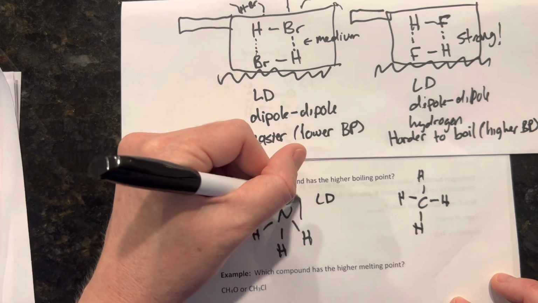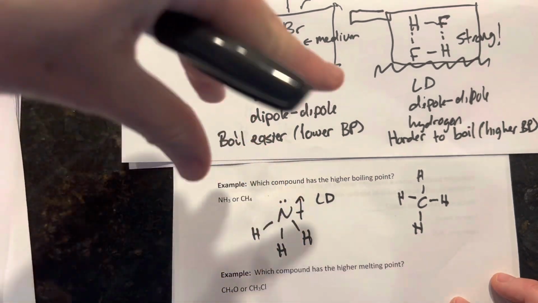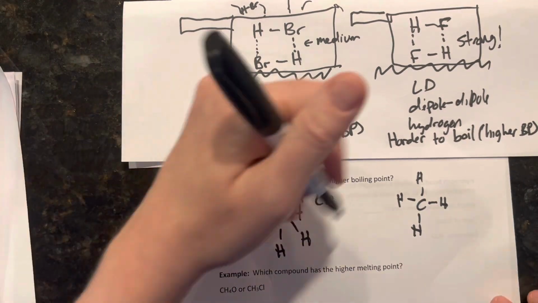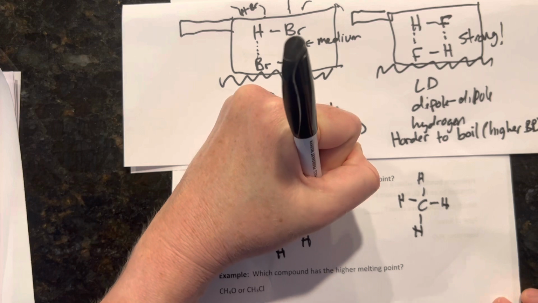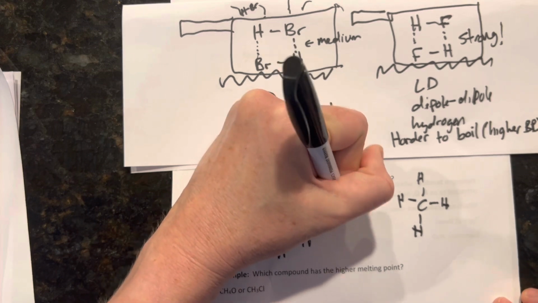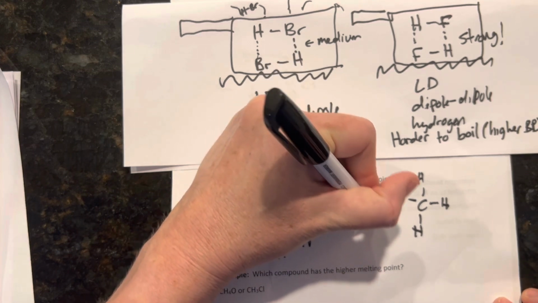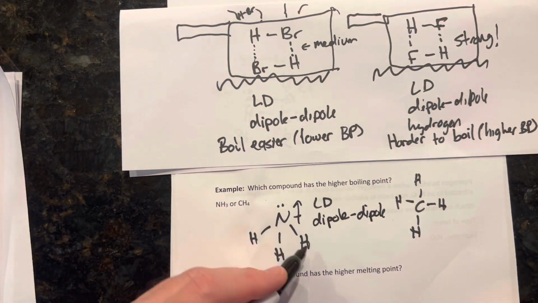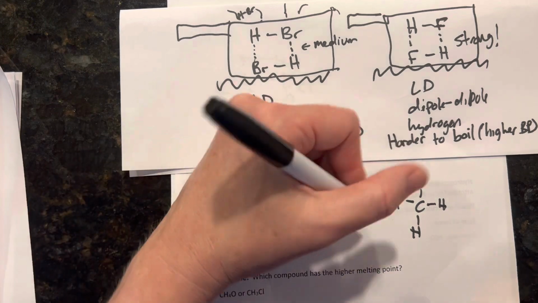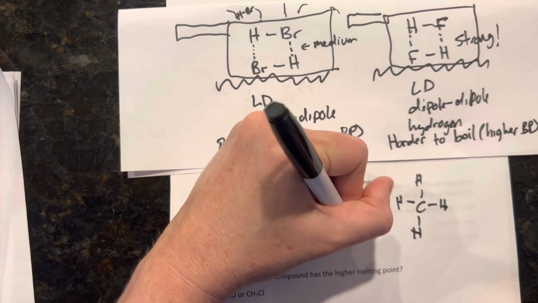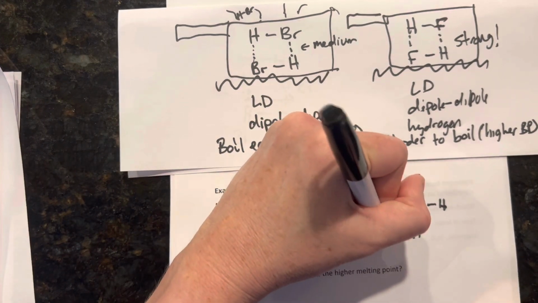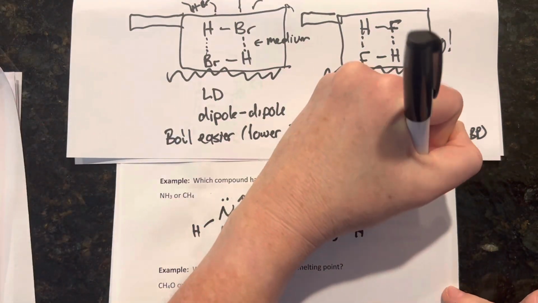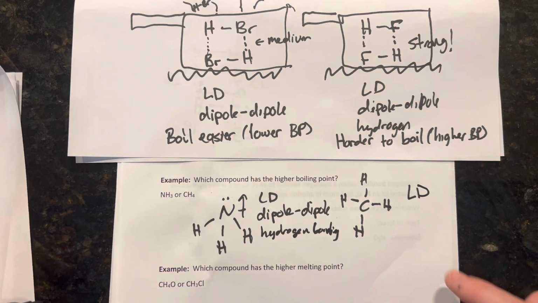Next, this thing is polar. Remember, it looks like a triangle, where you got the hydrogen, hydrogen, hydrogen, and nitrogen's up top. So this has dipole-dipole. In addition, it also has an HN, HO, or HF, right? It has an H and an N. That gives it hydrogen bonding as well. As opposed to the CH4, which has London dispersion, but it's not polar.